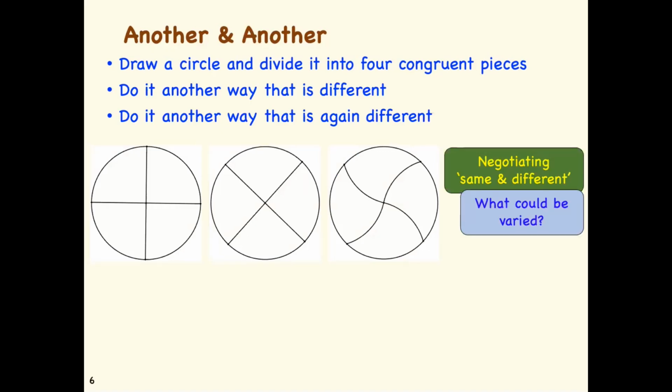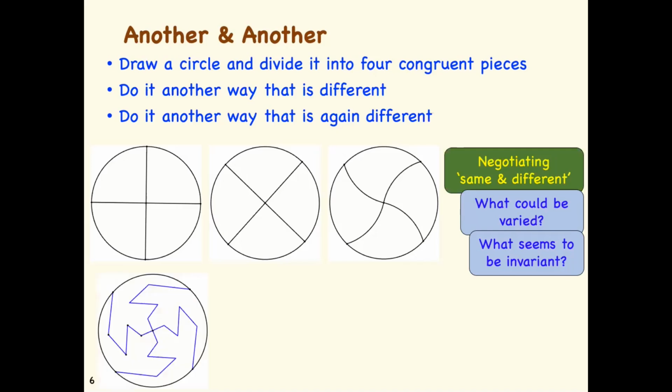And then you can ask yourself what can be varied, and not only what can be varied, but what seems to be invariant. Often people end up with something a bit like that, and they are tempted to say, oh, so you start at the center and draw any path to the edge, repeat that around 4 times, and you'll have your 4 congruent pieces. Well, not quite, because there are some constraints on the variation.